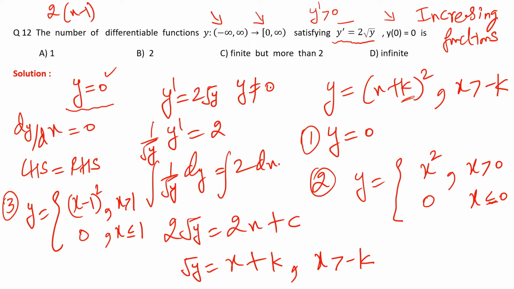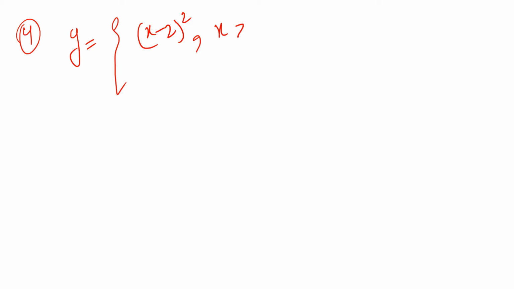Fine. So this is the third I have written. Similarly, you can write many such functions. So I will show you, we are going to get infinitely many number of such functions. Now let us write few more. This is the fourth function that I am going to write now, y equal to x minus 2 whole square, which is going to be valid for x greater than 2, and 0 for x less than or equal to 2, right?